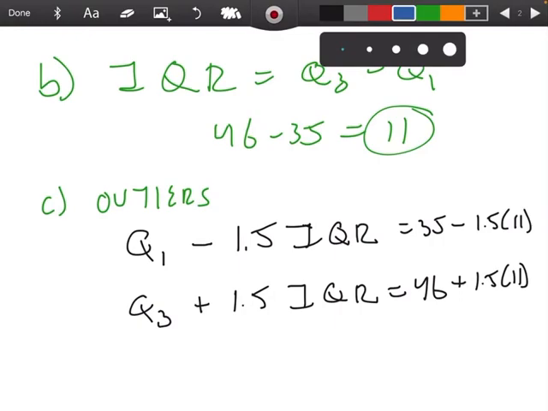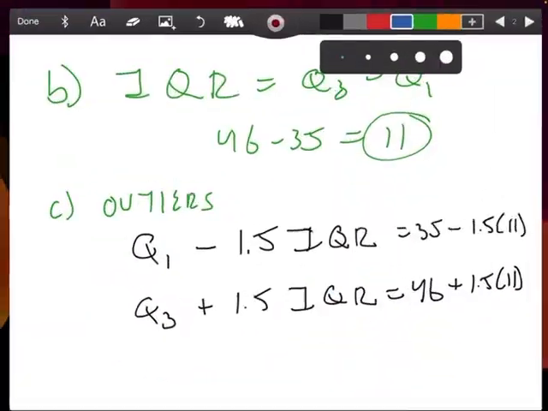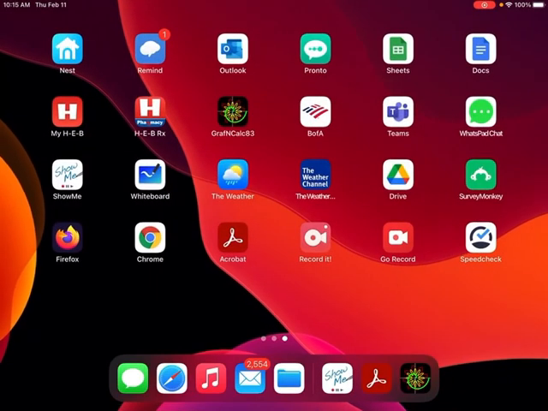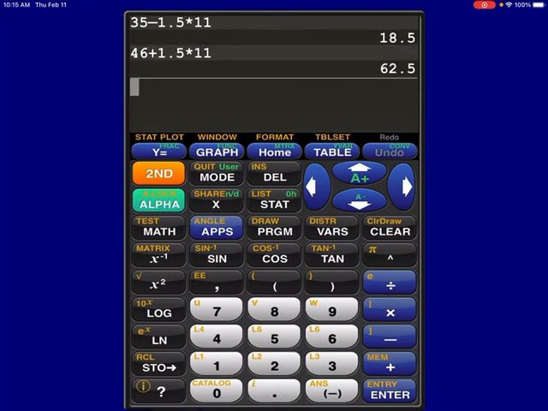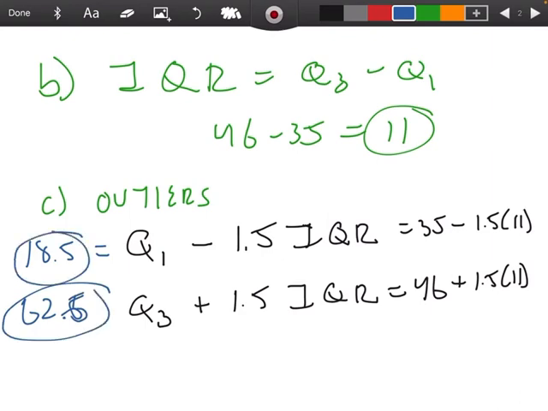I'll put it right here, 18.5. And the other one is 46 plus 1.5 times 11, 62.5. So if we have any numbers smaller than 18.5 or bigger than 62.5, those will be my outliers.